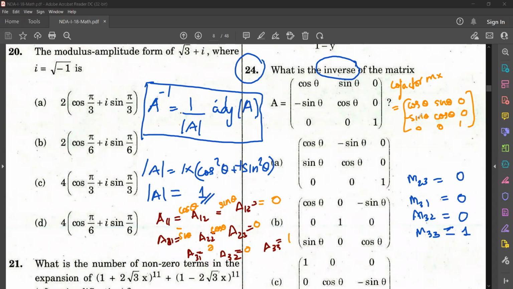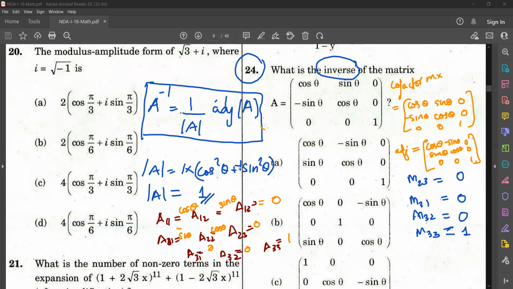Now find adjoint matrix. Adjoint means transpose of cofactor, isn't it? So cos theta, minus sin theta, 0; sin theta, cos theta, 0; 0, 0, 1. So that is adjoint matrix.